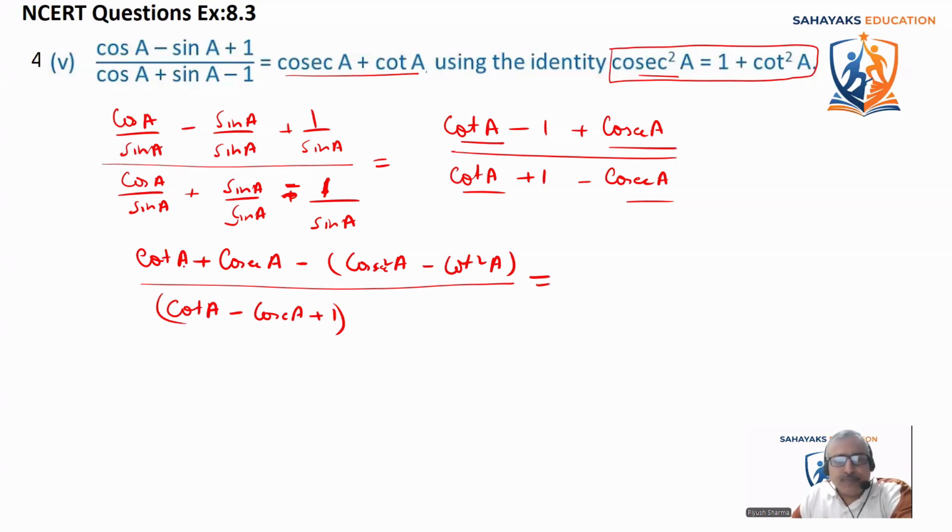Now, see, what is this? It is a square minus b square. So can we change it to (a plus b) into (a minus b)? Yes, we can.